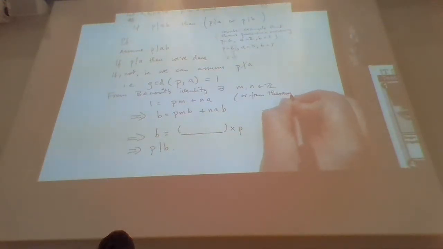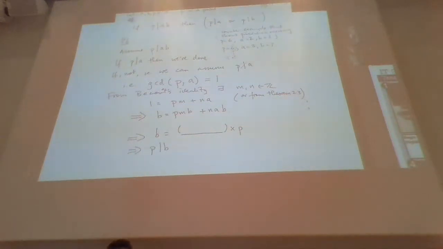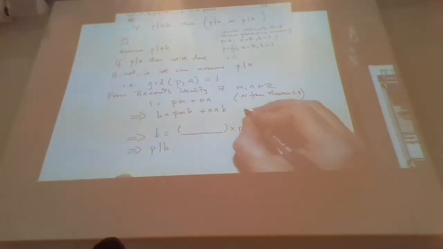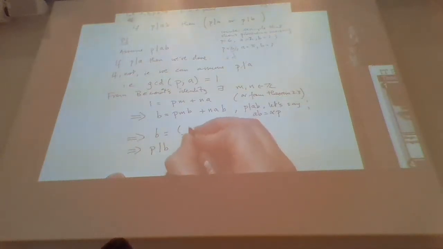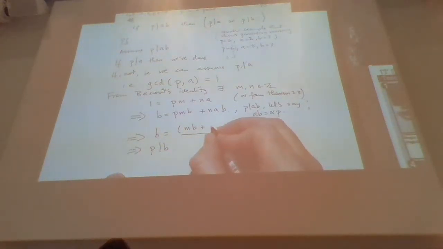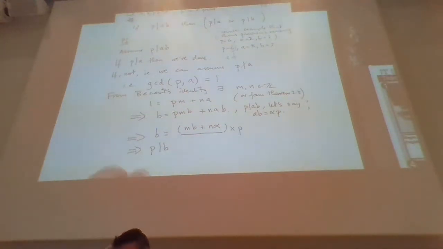So that follows from Theorem 2.3. Now we can actually name this integer here. P divides AB. Let's say AB is equal to alpha times P. Then this integer here would be MB plus N alpha.